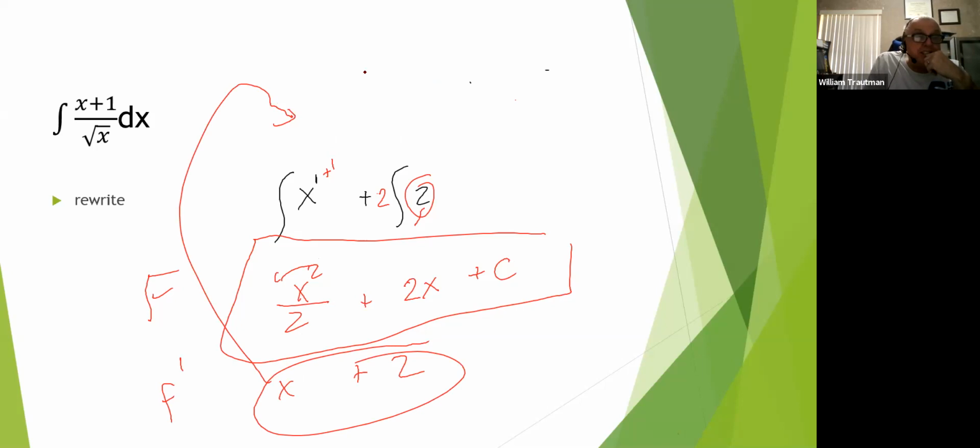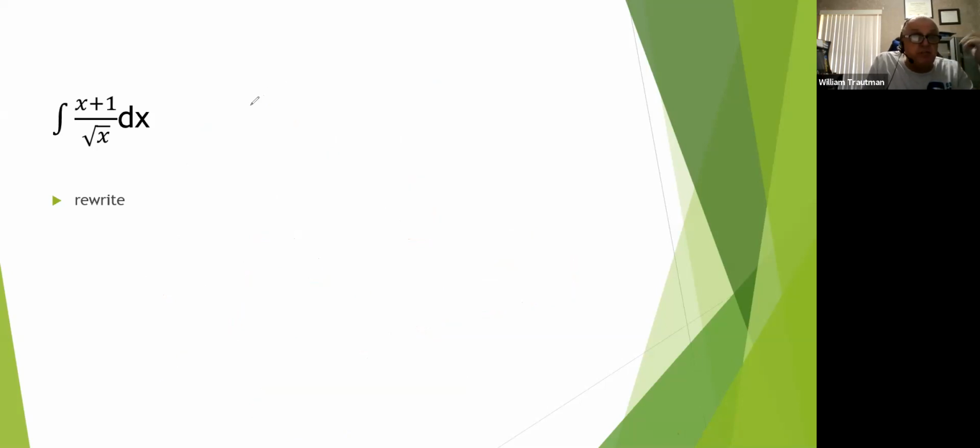So we're going to rewrite this. And we've done this for the derivative, if you remember. This is the same as changing it to x over the square root of x plus 1 over the square root of x. It also means I'm going to change it again to x over x to the 1/2 power.